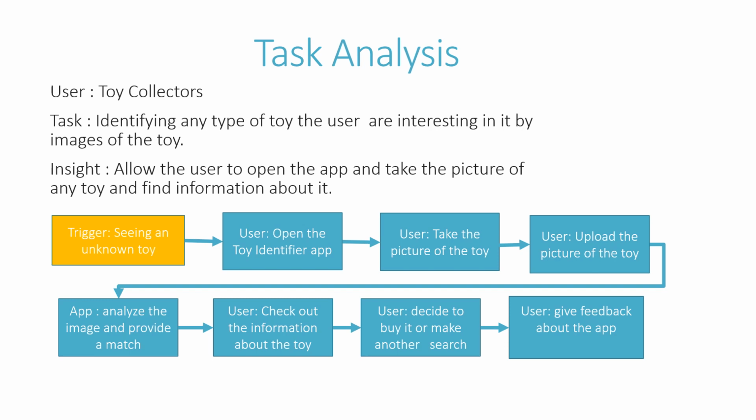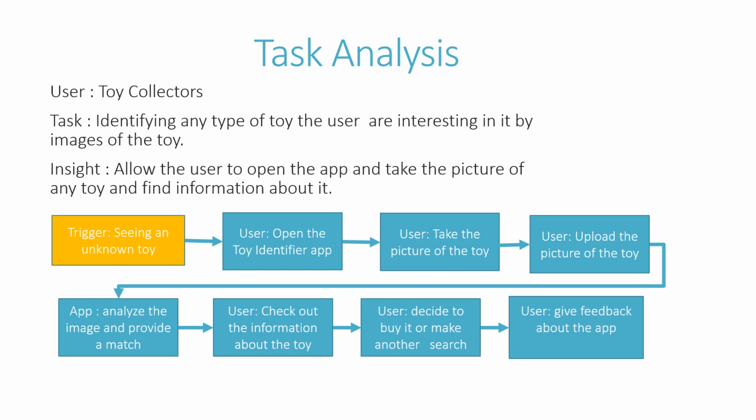So as you see here in the graph of the task analysis, the app will be very easy to use, very intuitive. You see a toy, you like it, you open the app, you take a picture of the toy, and you upload it.